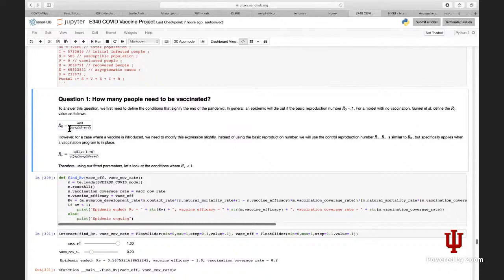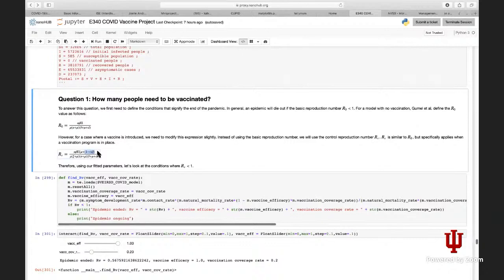And then our denominator is going to involve a lot of the death parameters, because those people are then removed from being infected into consideration. So we modify this a bit by including this extra term in the numerator, which is the natural mortality rate plus 1 minus the vaccine efficacy times the vaccination coverage rate. So the 1 minus the vaccination efficacy times the coverage rate will determine how many vaccinated people get infected.